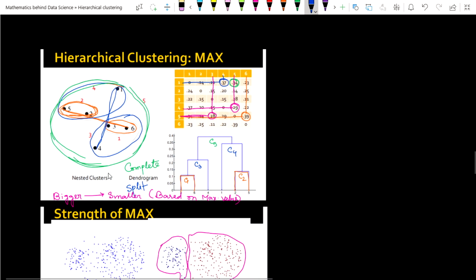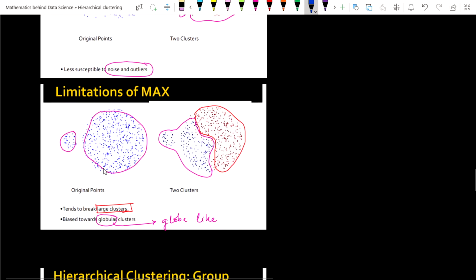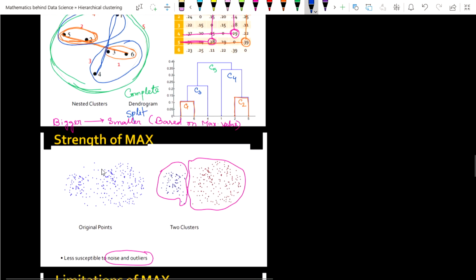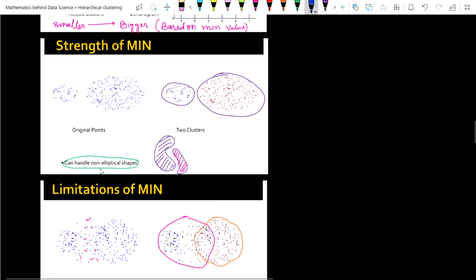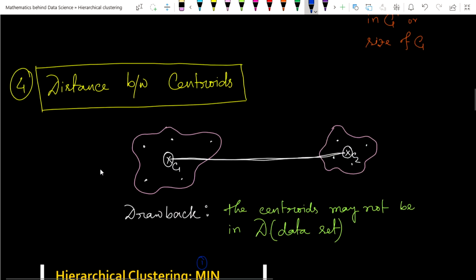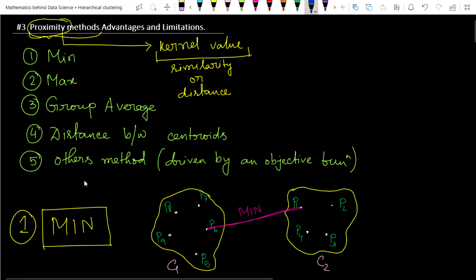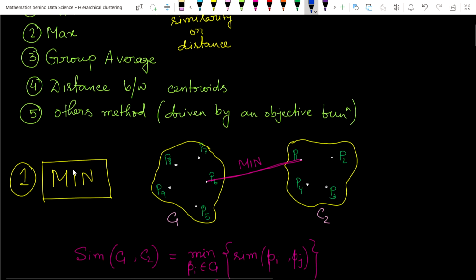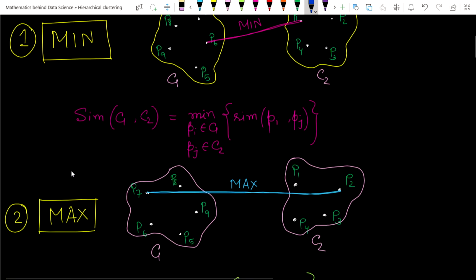As always, they have some limitations and some strengths, but as per our problem and our requirement, we have to select the best one. When we discuss case studies and various kinds of projects using machine learning and these techniques, then we will see in which situations which kind of technique is useful.